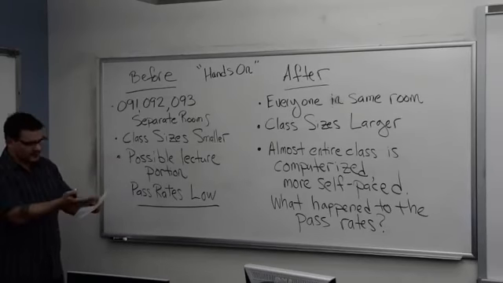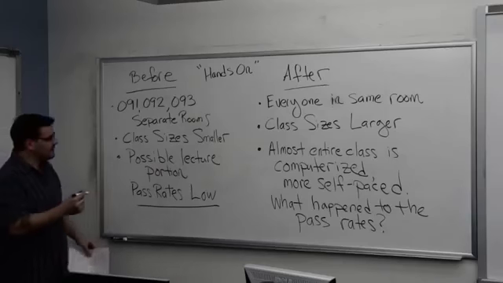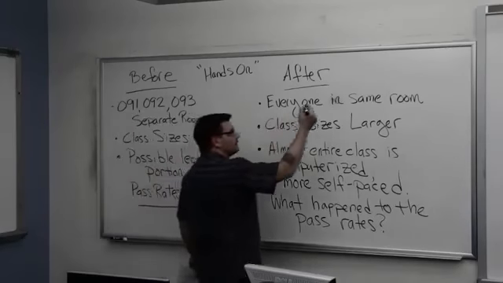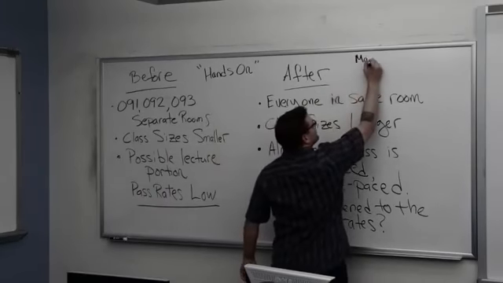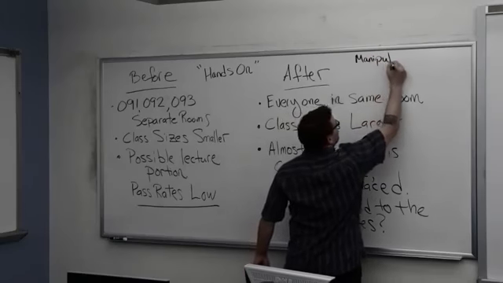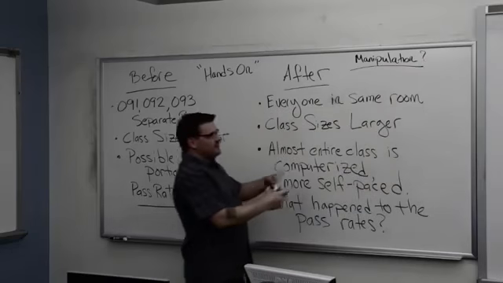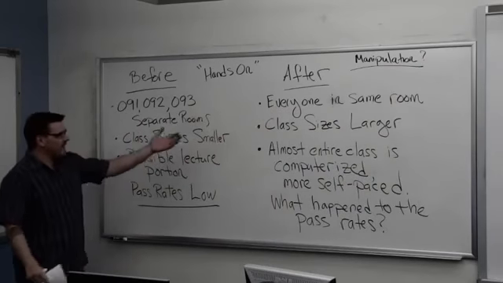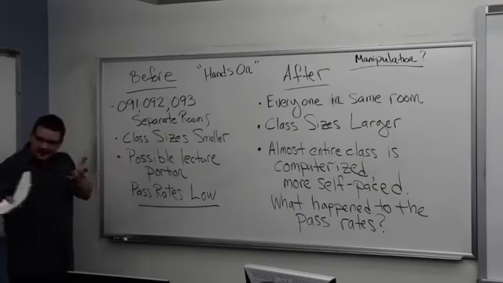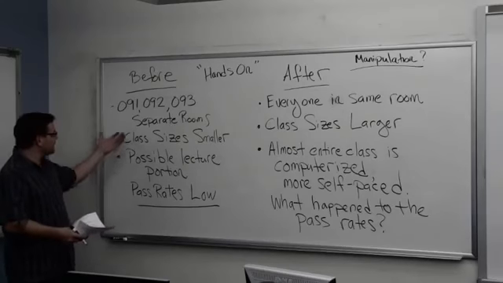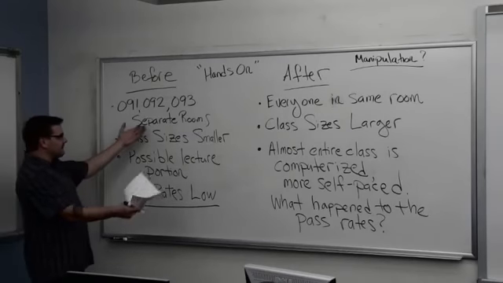So, main points. Actively manipulating treatments. To summarize, of course we have manipulation here, right? The math department changed a lot of things when it comes to how we delivered these classes. Here's the manipulation.